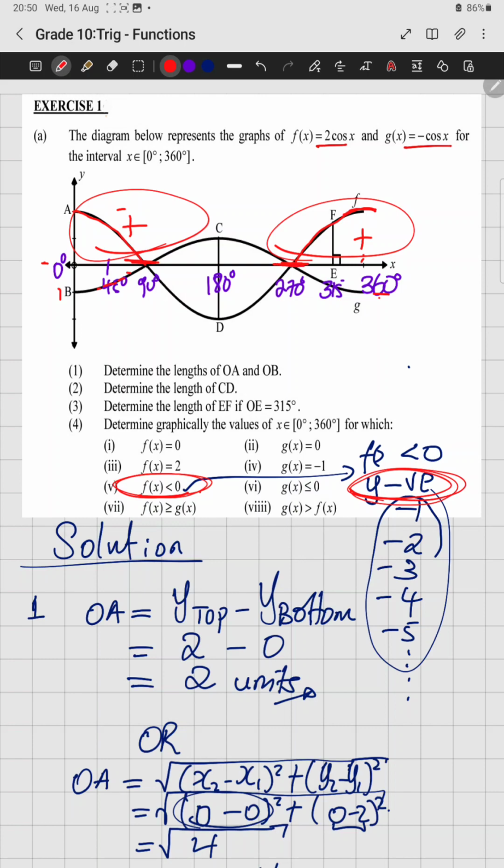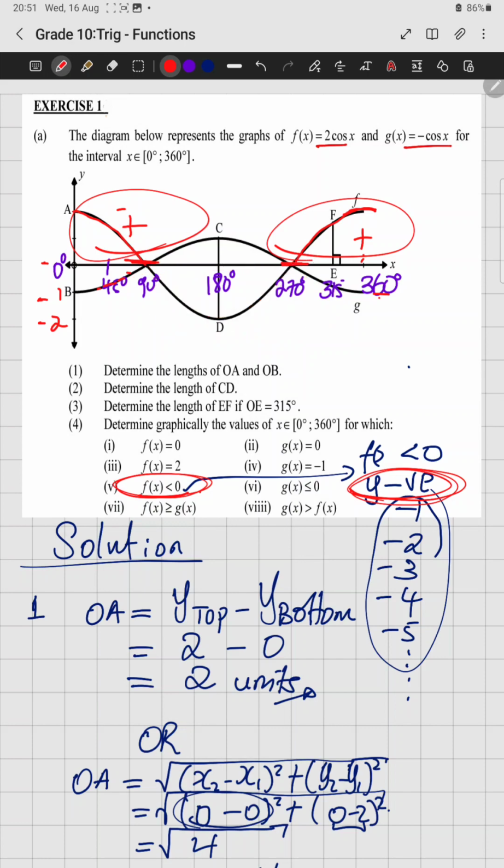So that means y starts to be negative here at 270 going down, and also from 90 going down. This portion over here is where y is less than 0, because there is -2, there is -1. But what matters is that this portion here has been drawn on the negative side of y.